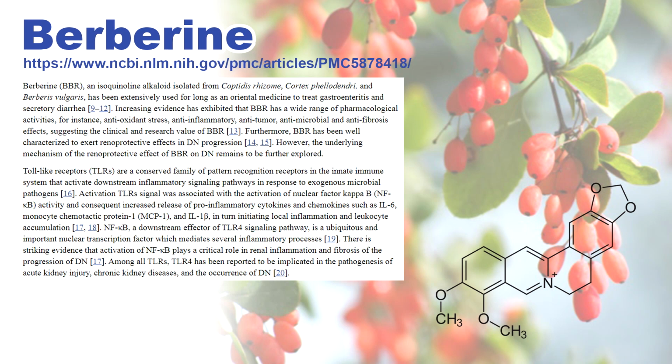berberine. Berberine is an isoquinoline alkaloid isolated from Coptidis rhizome. And there's another name there. And then you got Berberis vulgaris, extensively used as a long-standing oriental medicine to treat gastroenteritis and secretory diarrhea. Increased evidence has exhibited that berberine has a wide range of pharmacological activities.